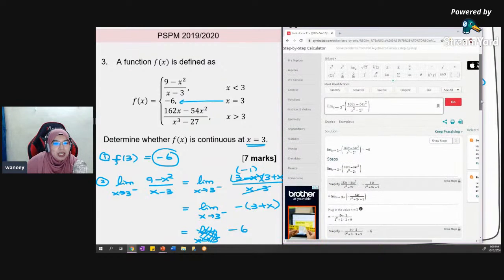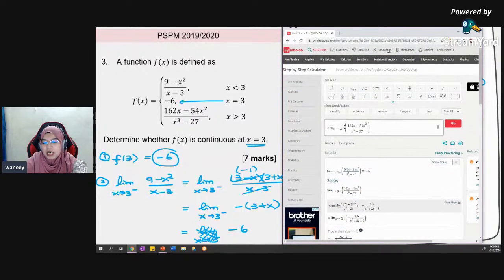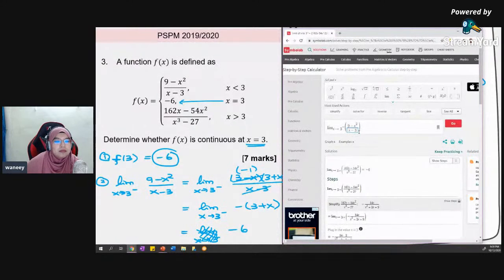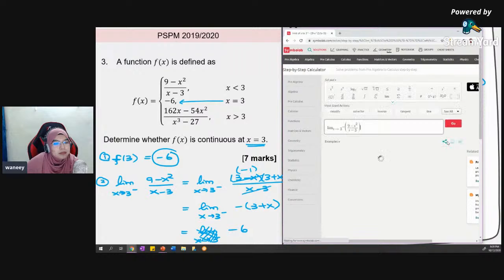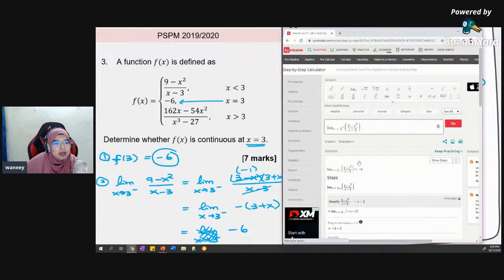Okay, so nanti boleh check balik. So sekarang saya check lagi satu untuk 3 from the left hand side. So kita ada 9 minus x square over x minus 3. Okay, so yang ini pun samalah.